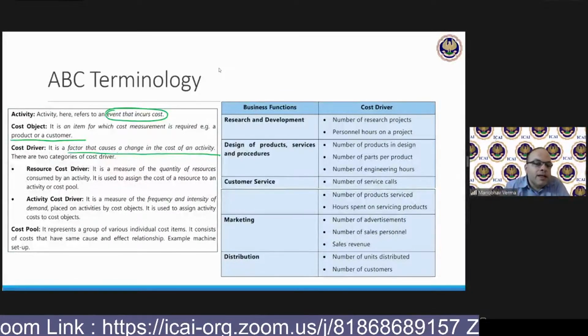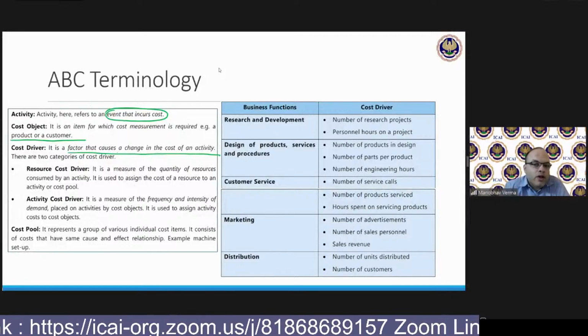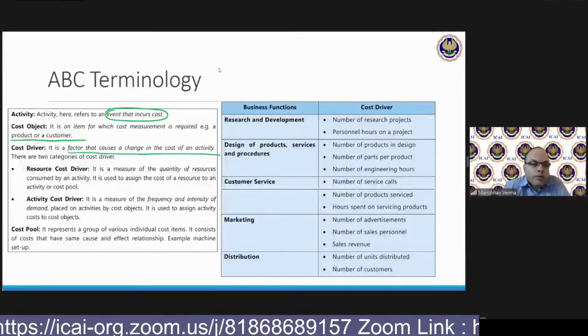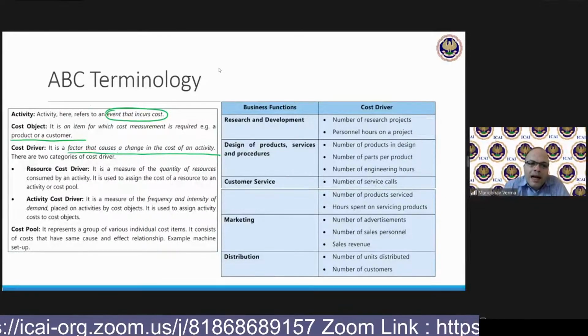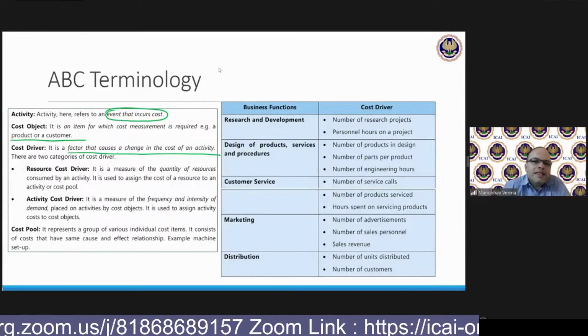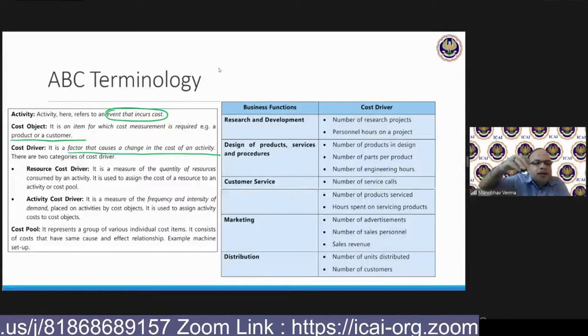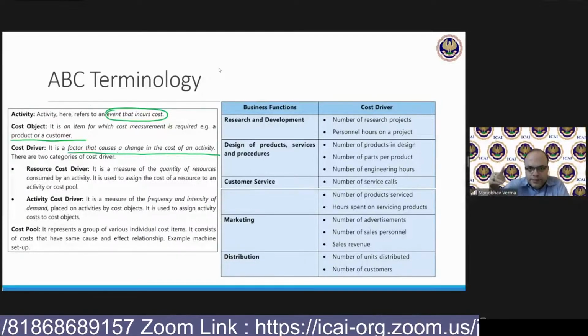The biggest example here is machine setup. We can think of other examples as well. If you talk about machine setup, we are talking about handling costs, assembling costs. All these can be cost pools. So basically, we are bucketizing the activities under different heads.